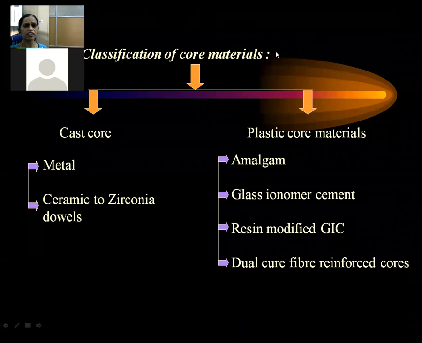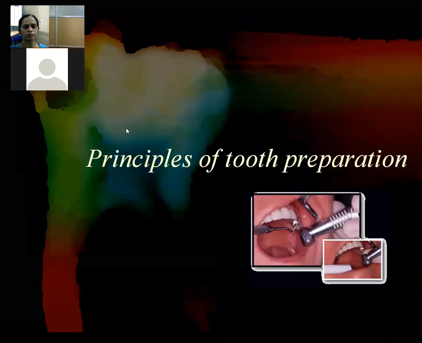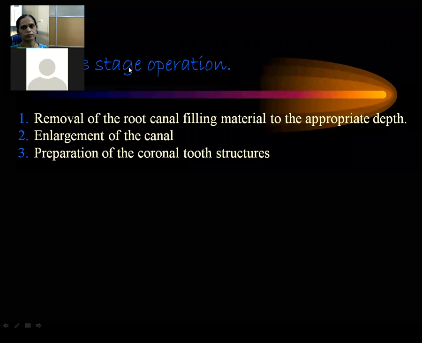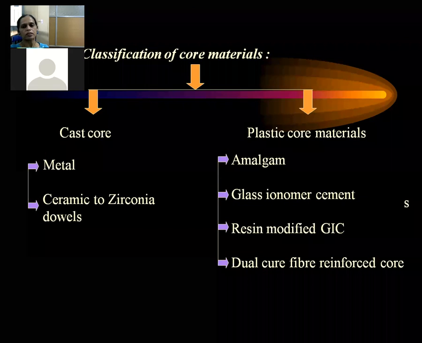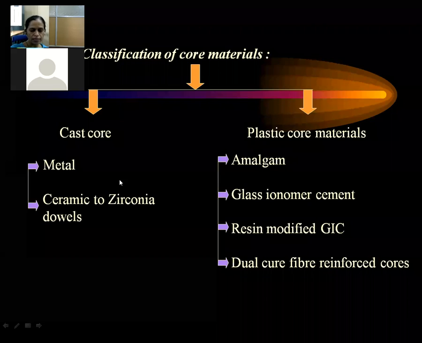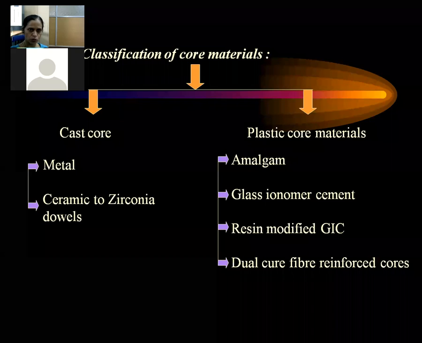Here is the classification of core material. This is a metallic core, like here. So here, cast core, that is cast metal, and the second one is ceramic, zirconia dowels. See, casting is done of metal and it is done of ceramic also.